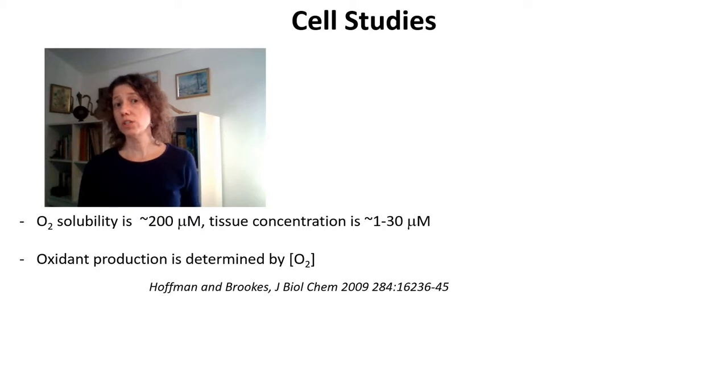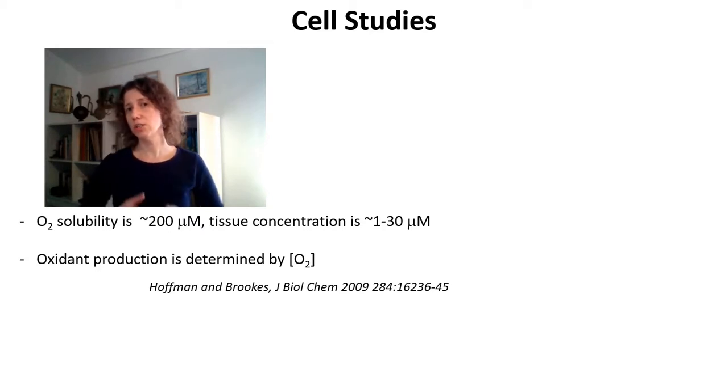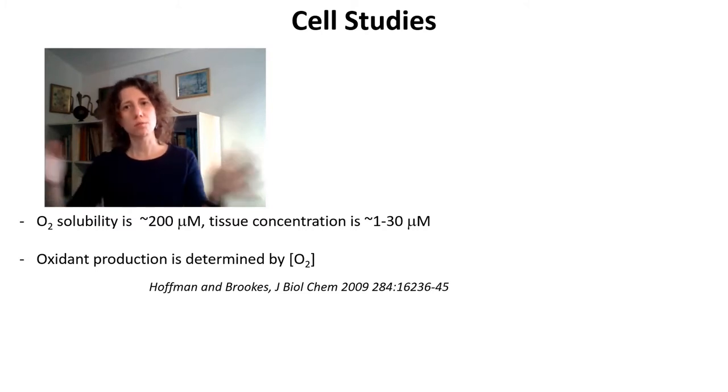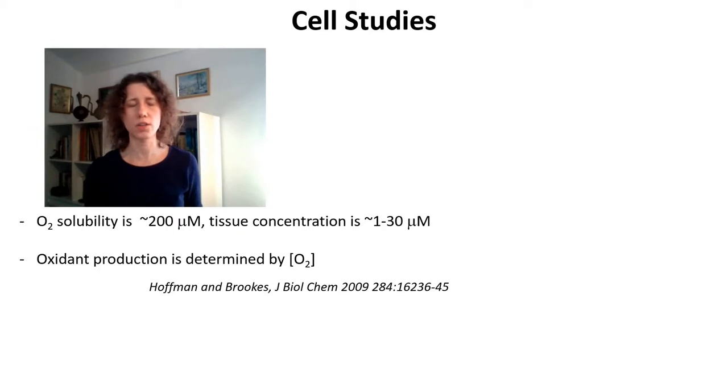However, most of our cells within our tissues, because they're not directly linked to our blood, because there are many barriers between that, and because diffusion of oxygen actually isn't all that good in vivo, most of our cells grow at around 1 to 30 micromolar. So most of the mitochondria within cells, within animals, actually work with much less oxygen than the cells that we grow in our cell cultures.